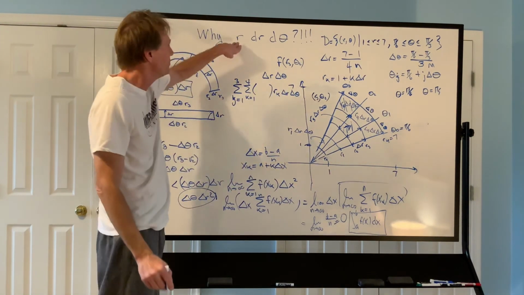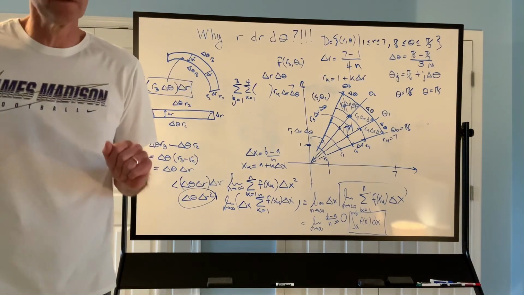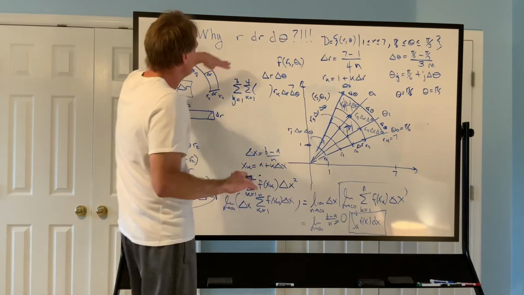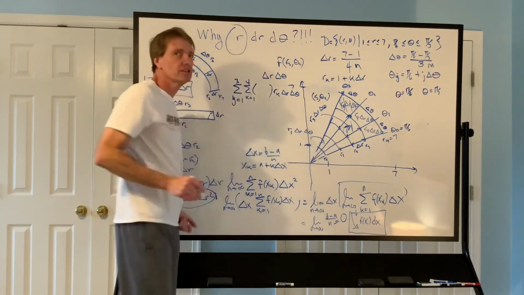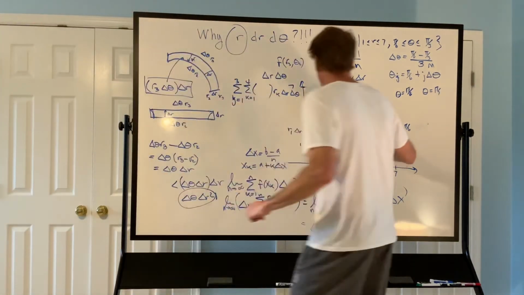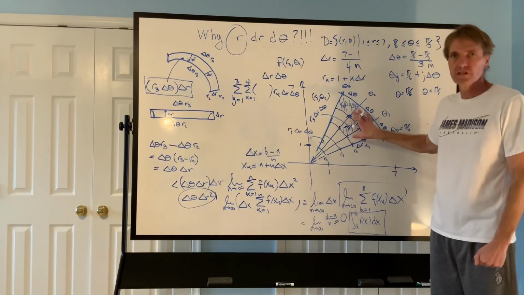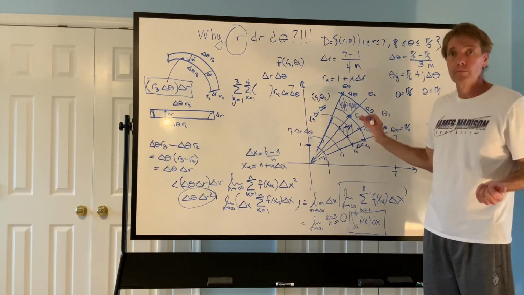And this gives, at least what I hope, is a little bit better justification than what I got, even though we're still waving our hands, of why this r needs to be in our area approximation that we're going to be using when we're trying to integrate over polar coordinates.